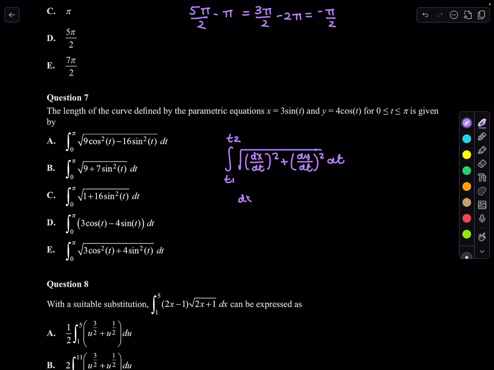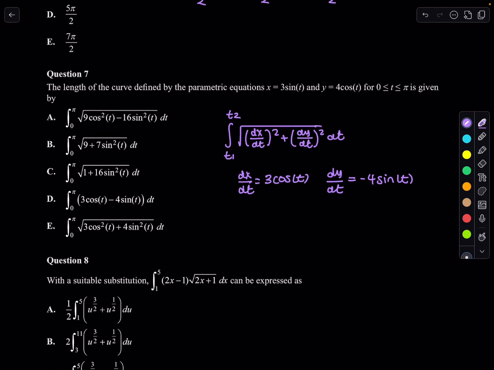So dx/dt is what first? dx/dt is 3 cos t. And dy/dt is -4 sin t. Beautiful. And of course, squaring those values, we get 9 cos squared t, and squaring dy/dt, we get positive 16 sin squared t.